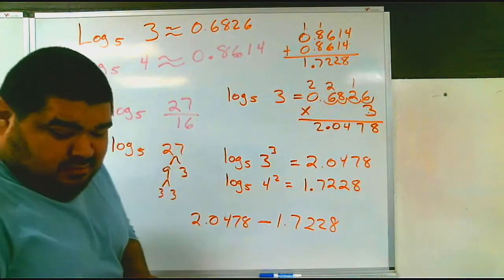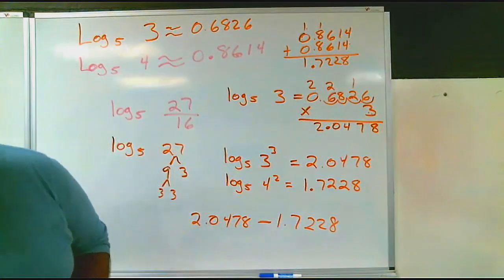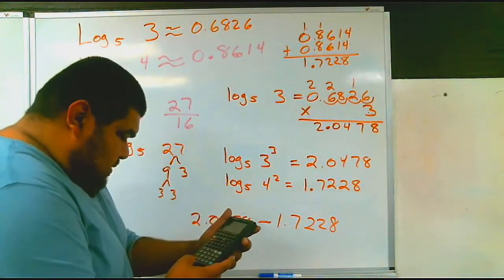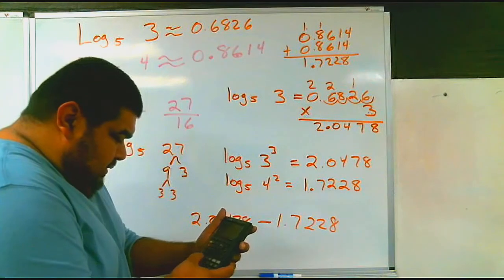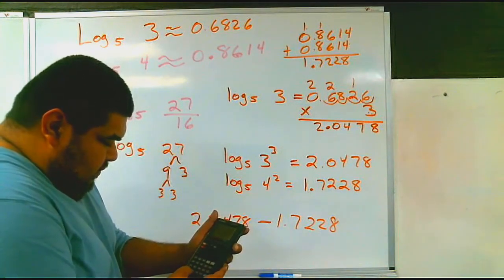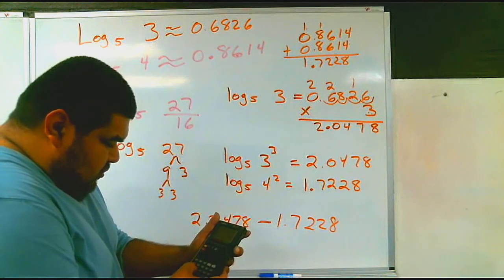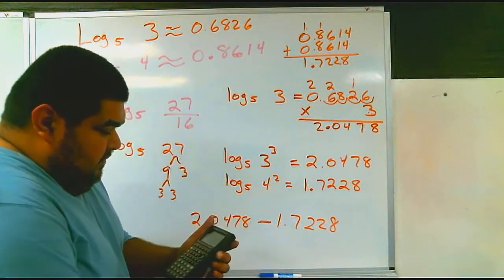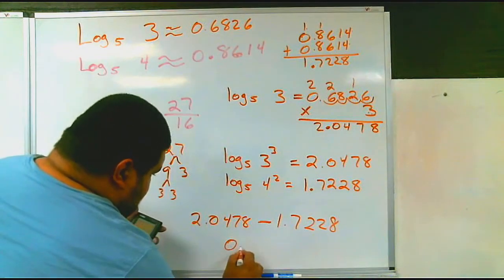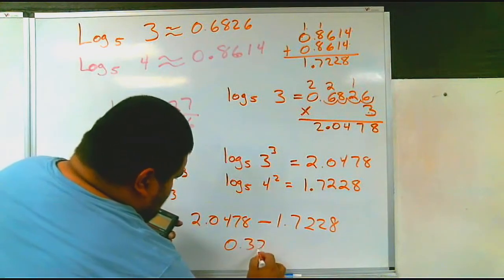And I'm going to use my calculator to subtract them really quick. So we have 2.0478 minus 1.7228, which becomes, our answer is 0.325.